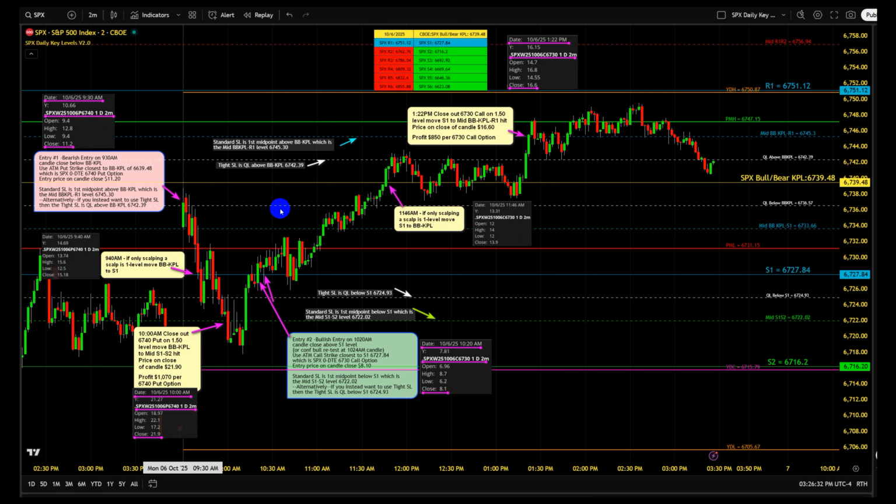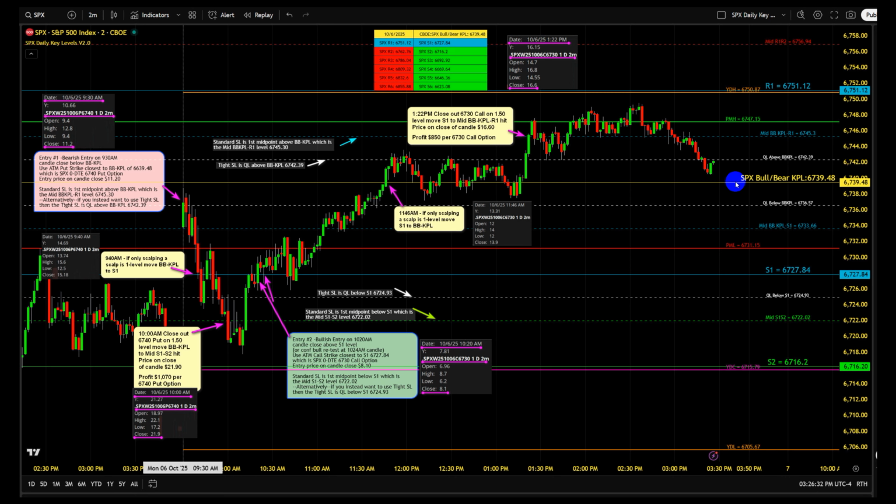Okay, so now what's the stop loss that you use on this trade? It's really pretty simple. If the trigger level is the bull bear key price level, then the standard stop loss is the first midpoint above the level that the trade is triggered and derived from.